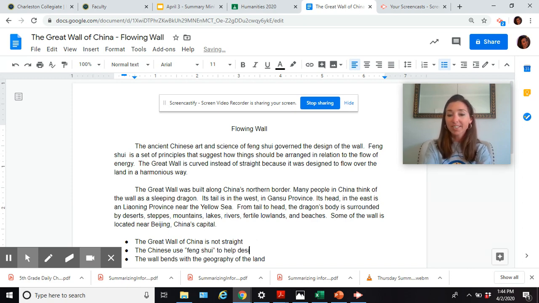Oh, it's got the word design. Create the wall. Now, when I go to write my summary of the book, I might not use all 3 of these bullet points, but basically I'm keeping notes for myself. These are relevant to the flowing wall.